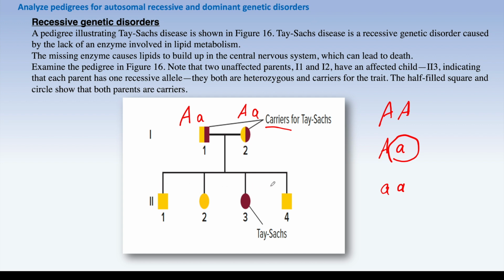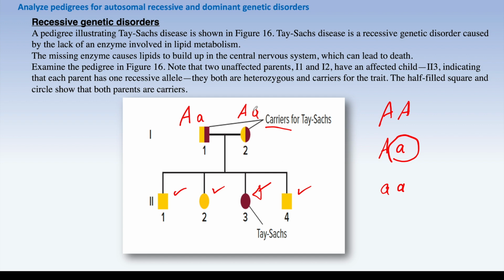Look at their kids. We can notice that generation 2, male number 1, female number 2, and male number 4 are all normal, unaffected. And who is affected? Number 3, she's a female. Why?